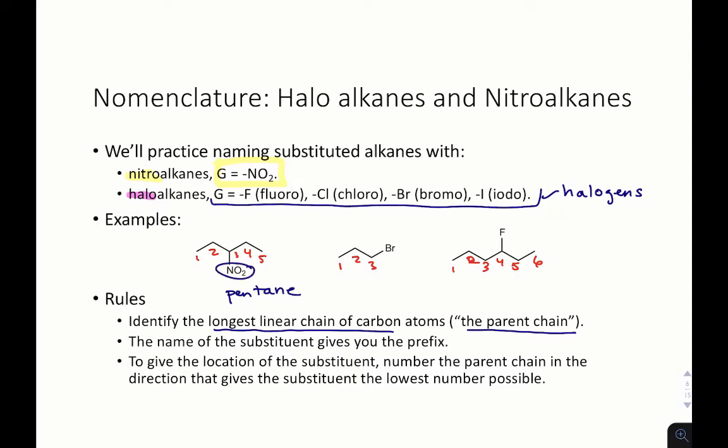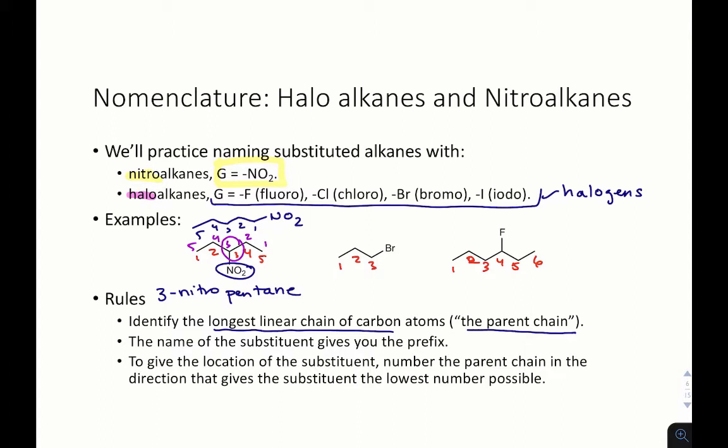And then the nitro group, that's at carbon 3, and we need to give its address. So 3-nitropentane. I need to give its address because that distinguishes it from, say, 1-nitropentane. Now for this first example, there was only one way to number the chain. I numbered it from left to right, but if I had numbered it from right to left, I would get the same thing. I would get 3-nitropentane.